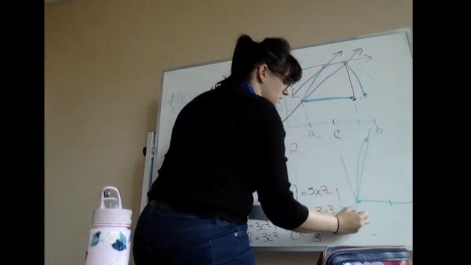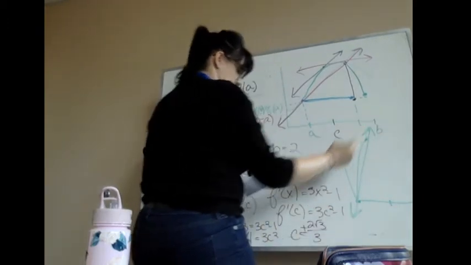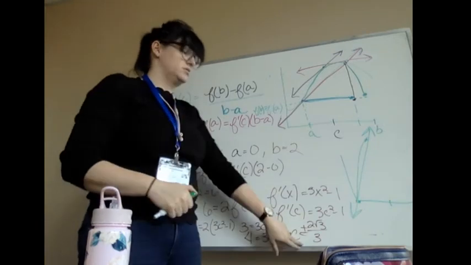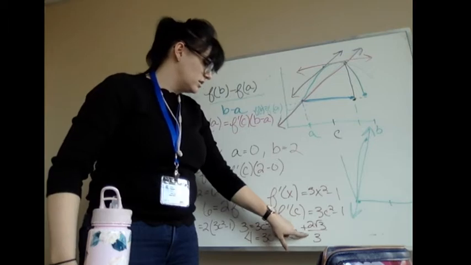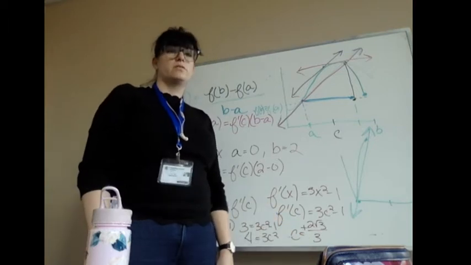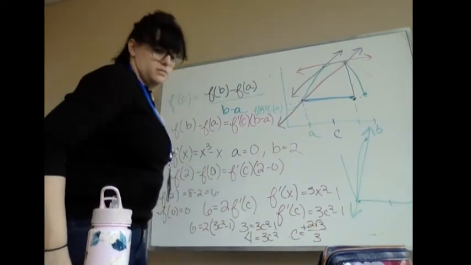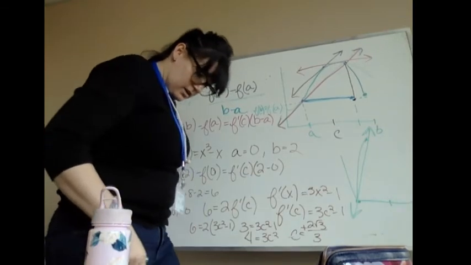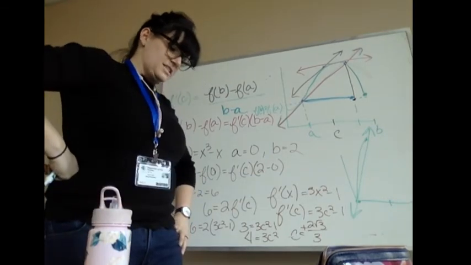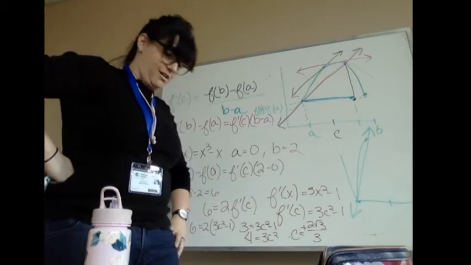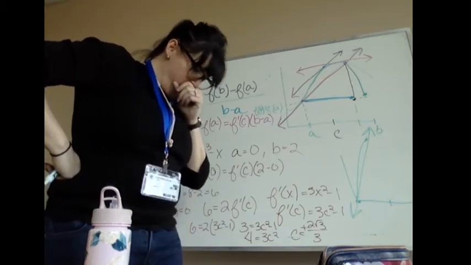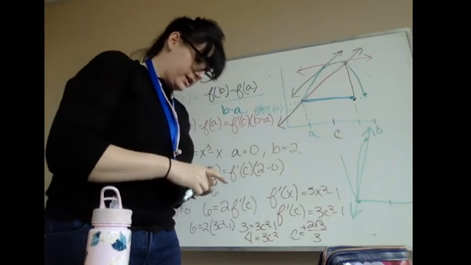The slope of the secant line is the same thing as the slope at the point. It would have to be the positive one because it's in the interval 0 to 2. 2 rad 3 over 3. Does that make sense? Cool. Okay.